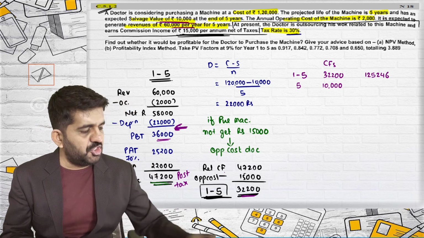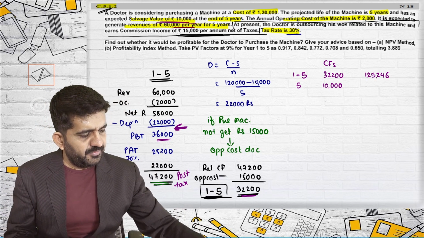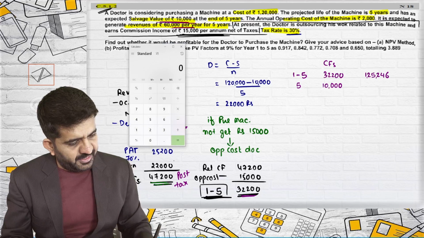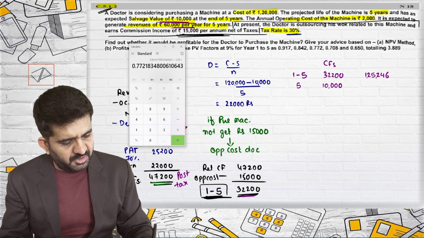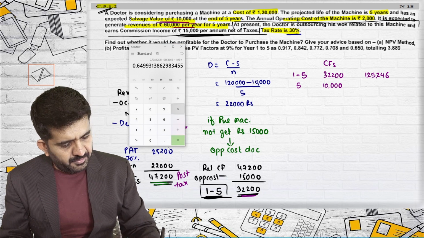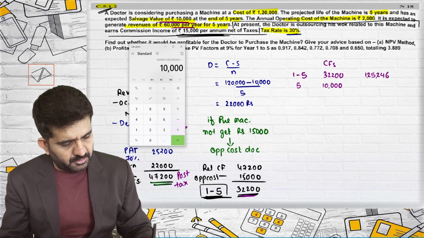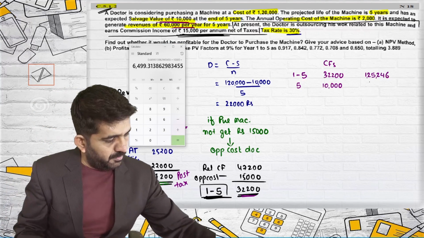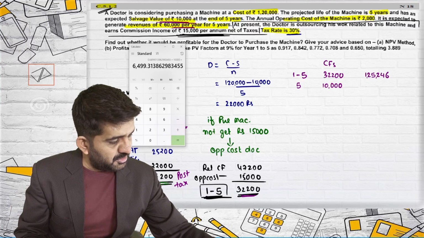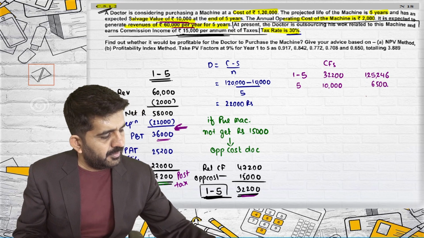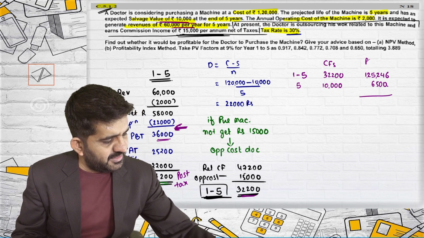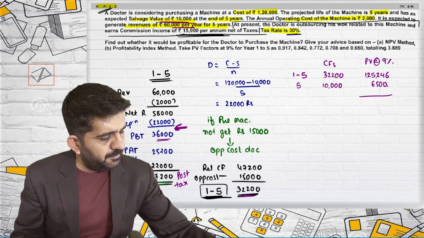I am not having GT, so I am doing it by M plus. This 10,000 at 9%: 1 divided by 1.09, 1, 2, 3, 4, 5, multiplied by 10,000 is 6499, or I can write down 6,500. This is the present value at the rate of 9%.